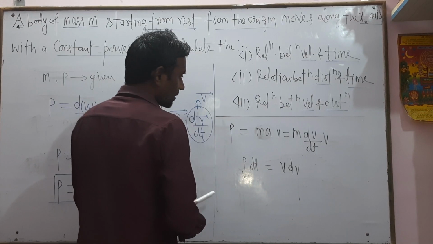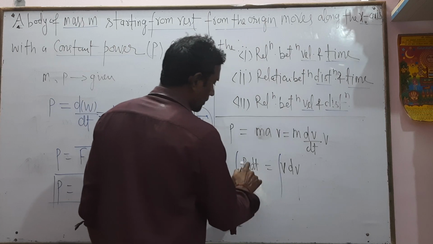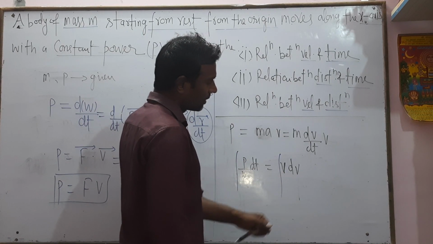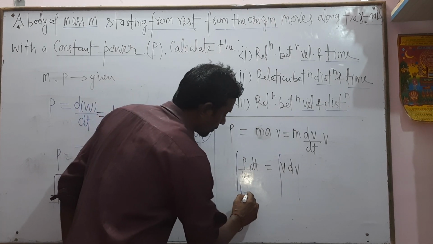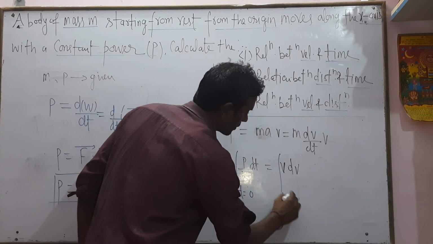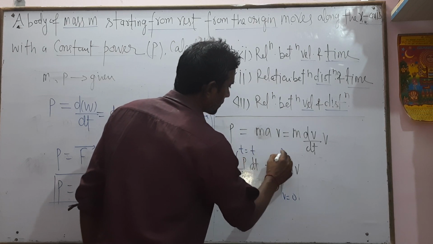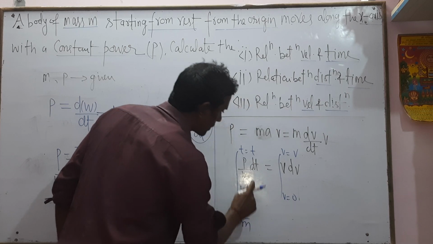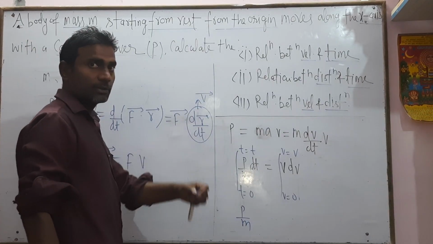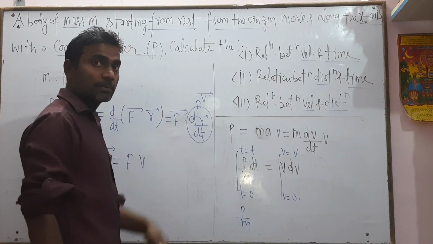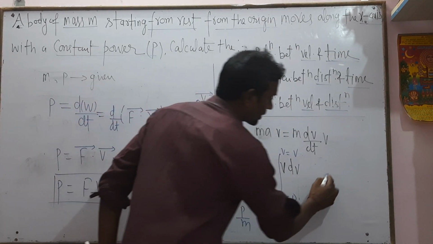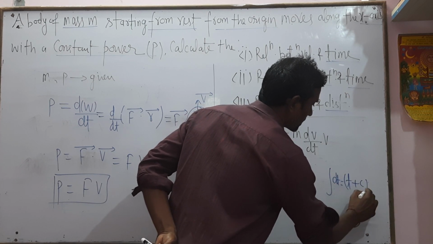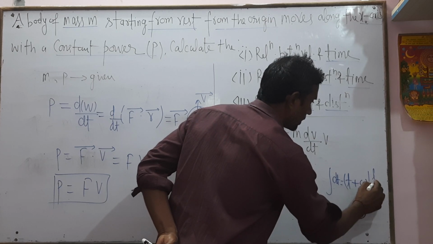Now we can integrate both sides. P and m are constant, and v is the variable. At time t equals 0, velocity v equals 0. At time t, velocity equals v. So P by m into the integration of dt, which is t plus c, with upper limit t and lower limit 0.